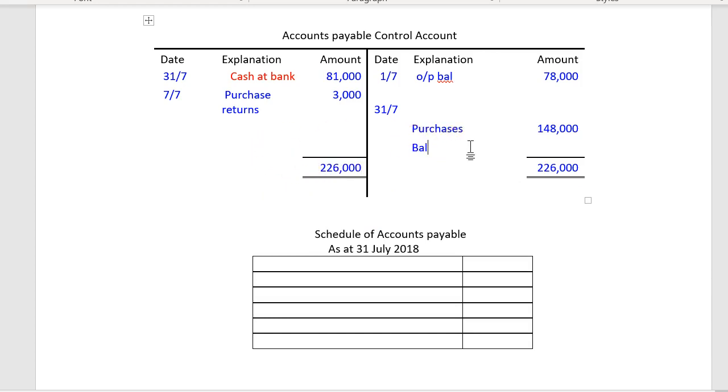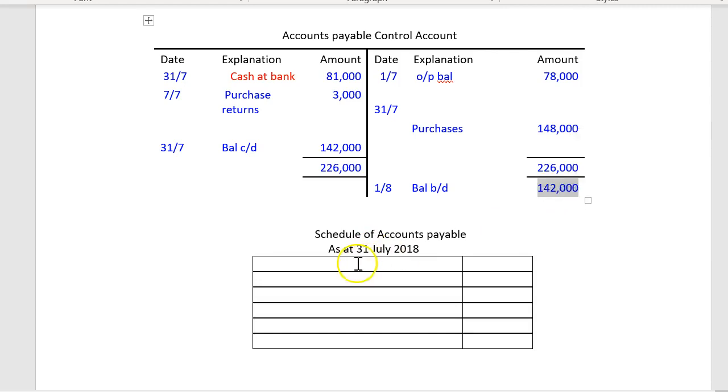Sorry, this is wrong because you don't record balance carried down here. Balance carried down is recorded here. So how much do we need to add? 226 minus 84, you need to add 142,000. And that is balance brought down as well. Balance brought down is 142,000.